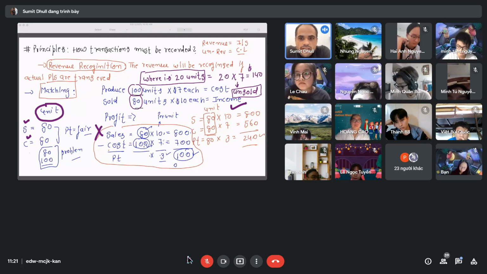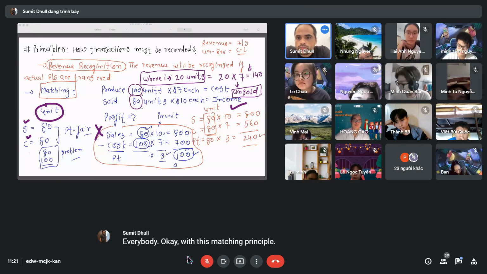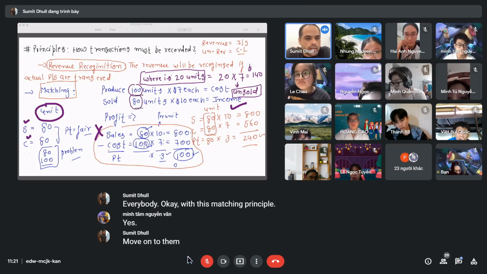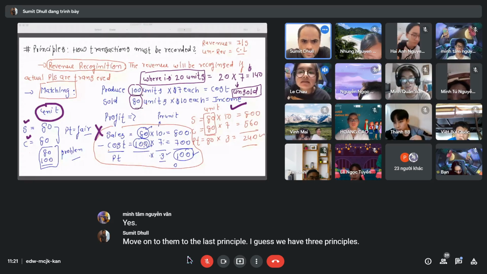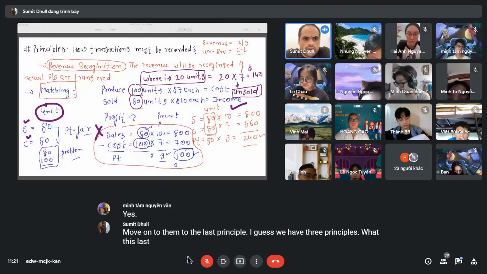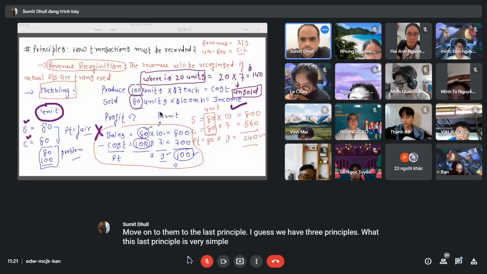Everybody okay with this matching principle? Yes. Move on to the last principle. I guess we have 3 principles. The last principle is very simple and very easy.